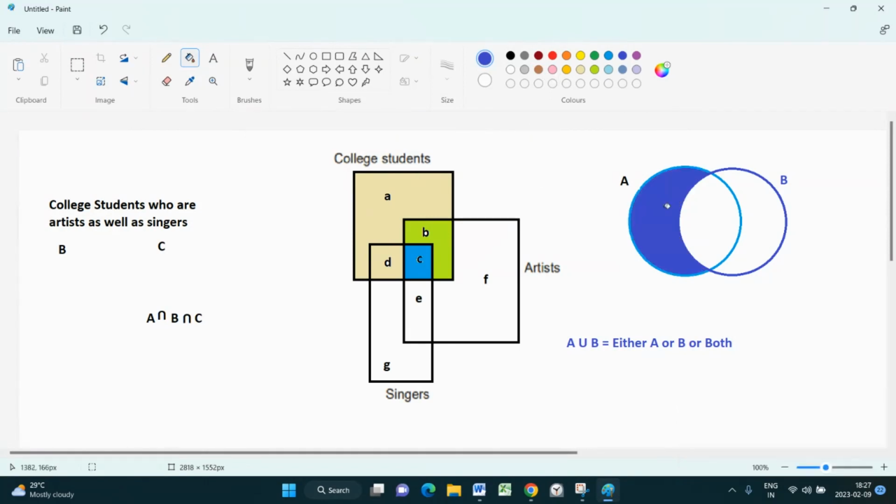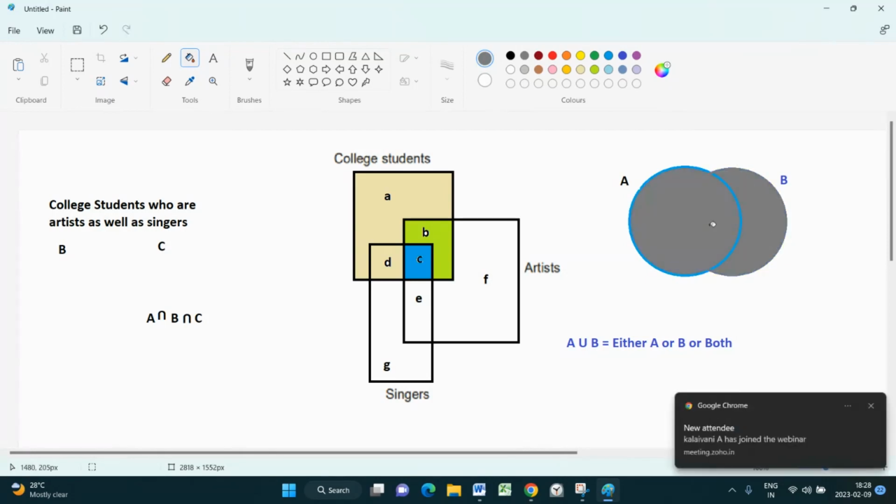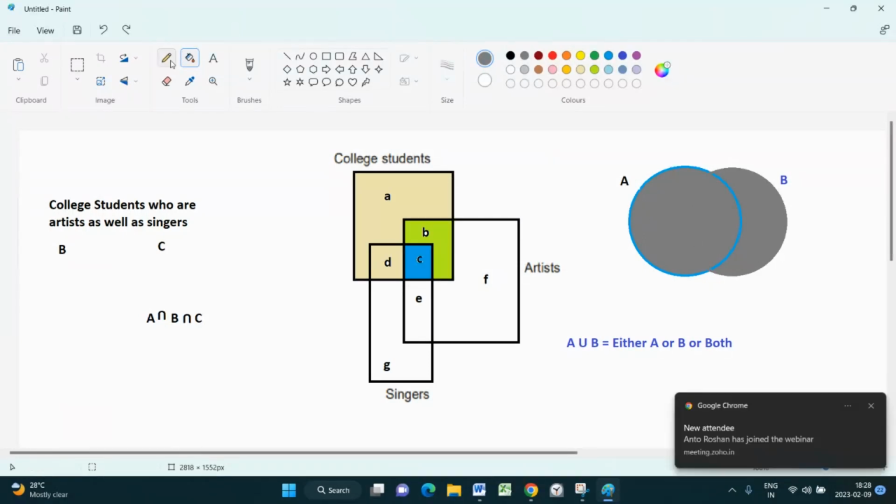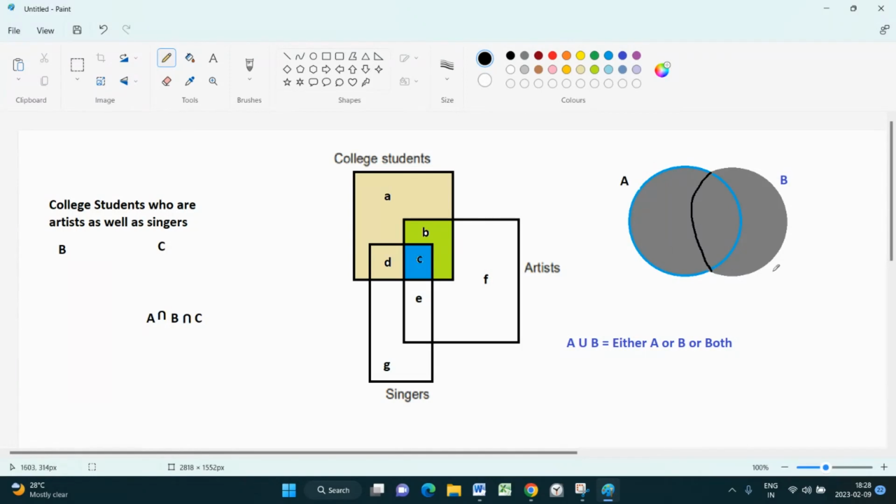This is A and I have B. We have to define A union B, A as well as B. The middle part is A intersection B. So this is A, this is B, and also both.